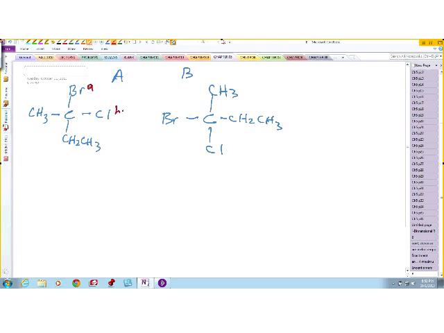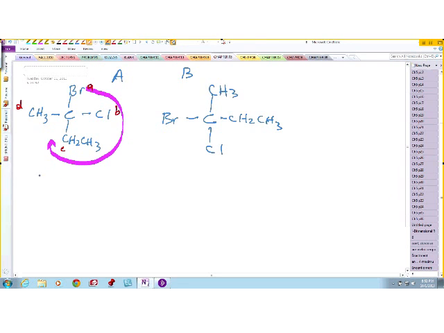This is A, this is B, this is C, this is D. Now let us make our motion: A to B to C, ignore group D. According to this motion here, this is what kind of motion?